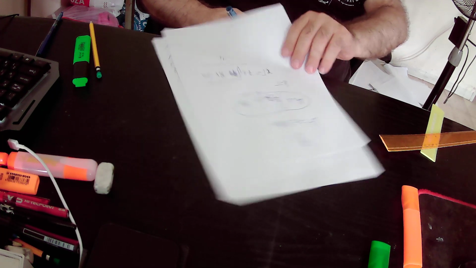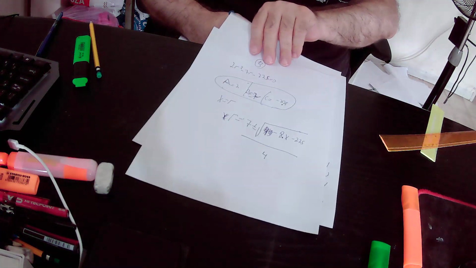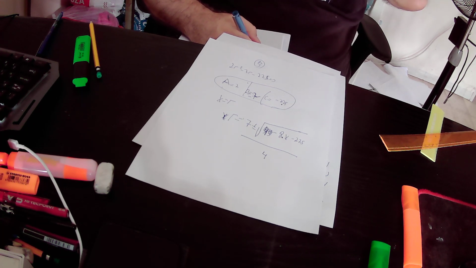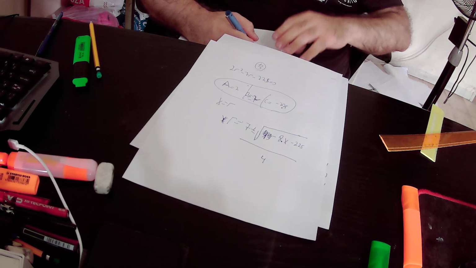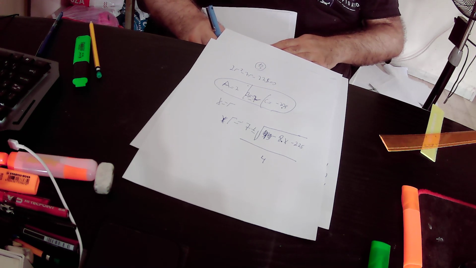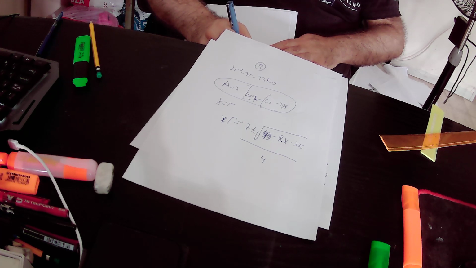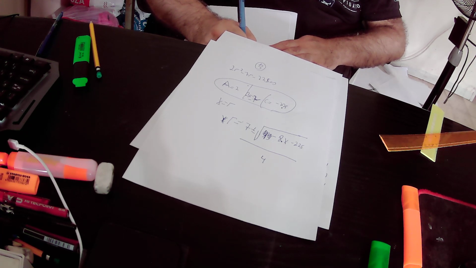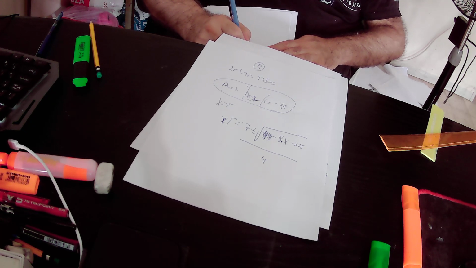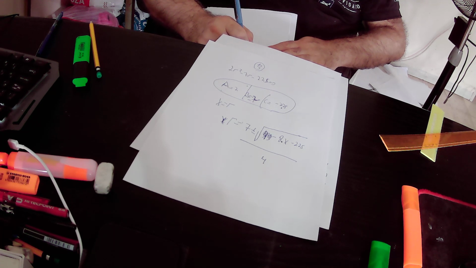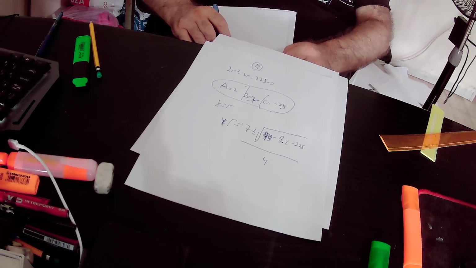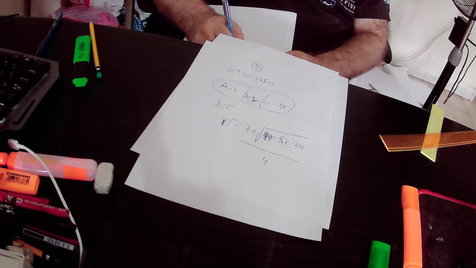So in total we got this equality for r: r equals 7 plus minus root of b square.